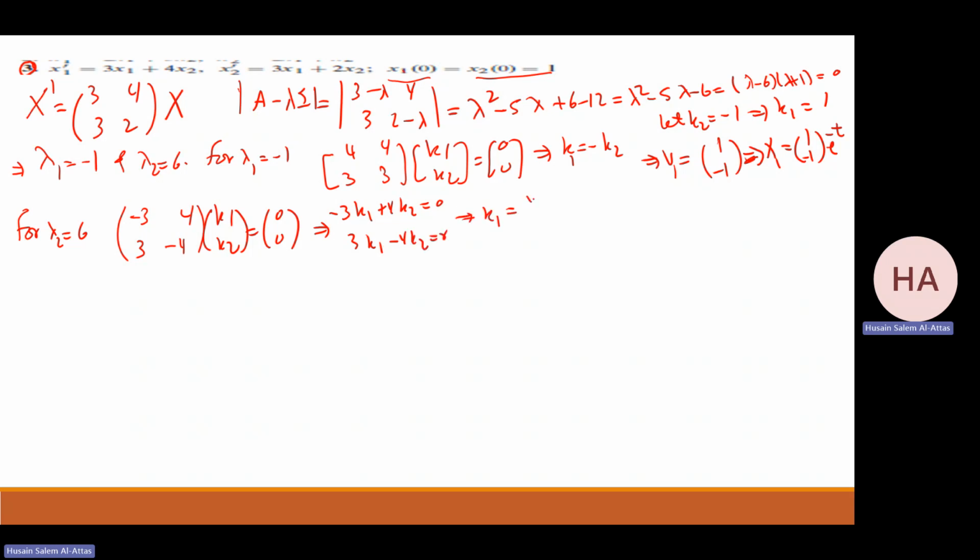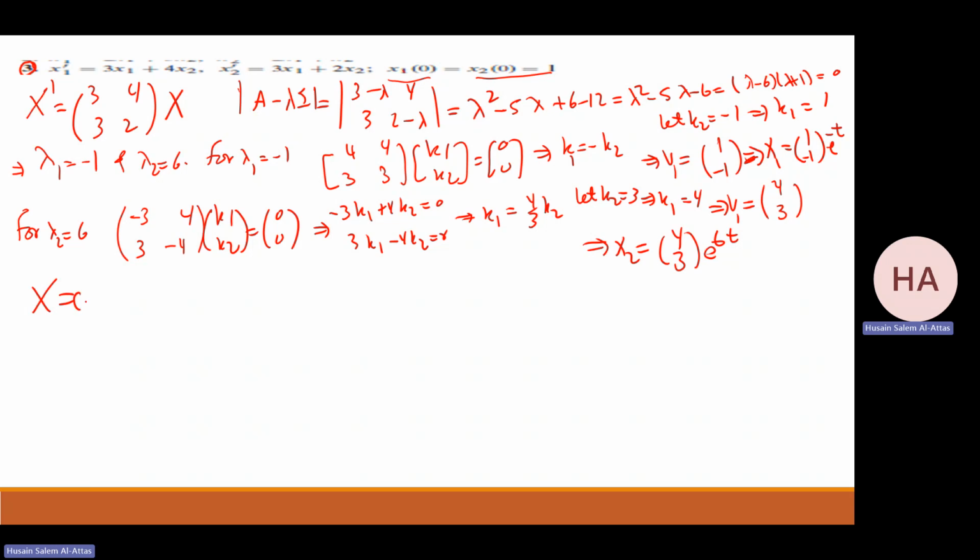So I have k1 equals 4 over 3 k2. Let k2 equal 3. I have k1 is 4. So v2 will be 4, 3. And x2 will be 4, 3, e to the power 6t.